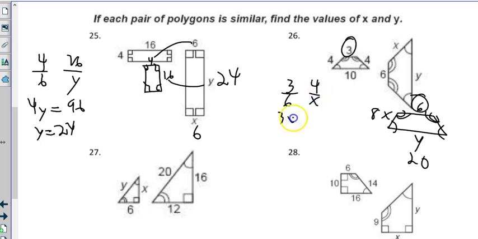And I would do 3x equals 24, x equals 8. Same thing, I'd use my magic ratio, 3 over 6 equals 10 over y. I would get 3y equals 60, and y equals 20. So if I did not see off the top of my head that it was a simple times 2, that's how I would do it. Find the magic ratio, and then solve for each letter separately.